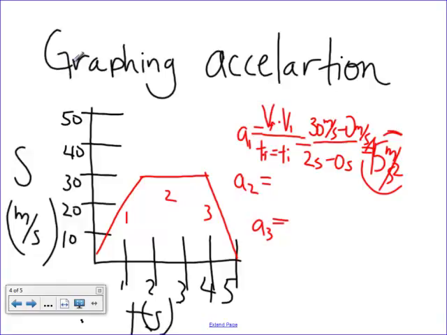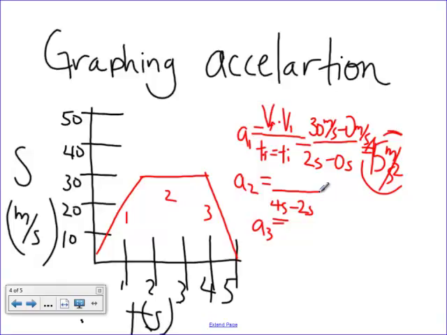Okay, let's now calculate the acceleration at line 2 on the graph. So putting in my change in time. Oh, it's 4 seconds minus, that's the final time, minus the initial time was 2 seconds, where it started from at A2.